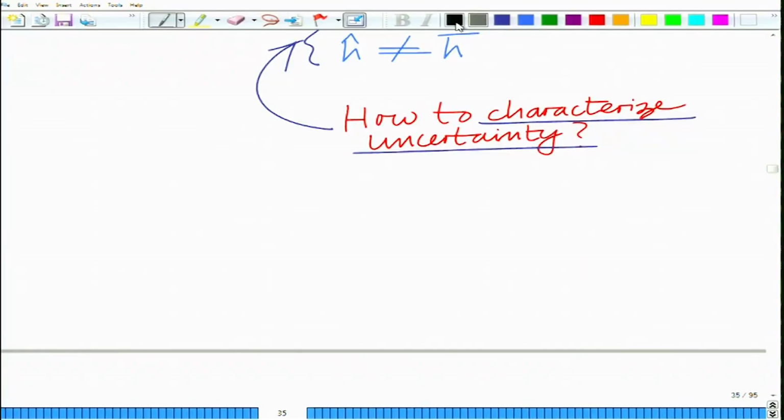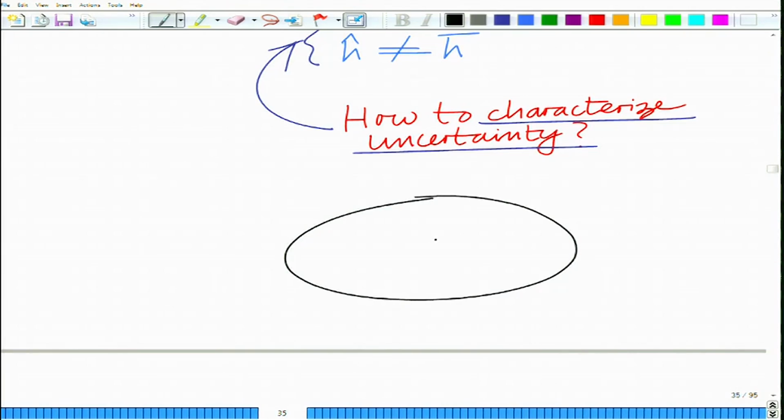This is where the application of the ellipsoid comes in: if you consider an ellipsoidal region with the known estimate as the center, then h bar, the true channel, lies in this uncertainty region.